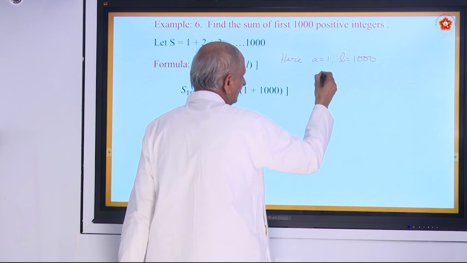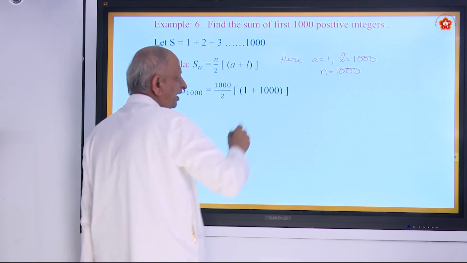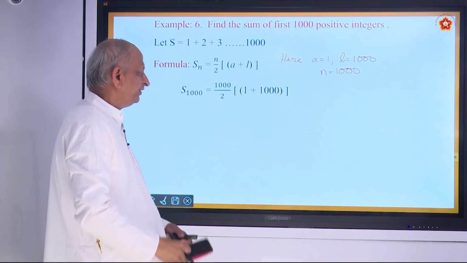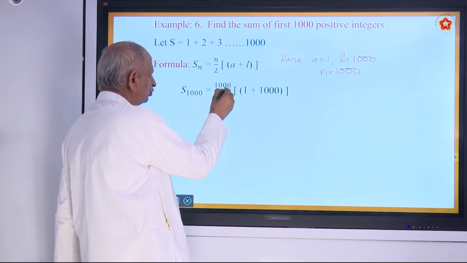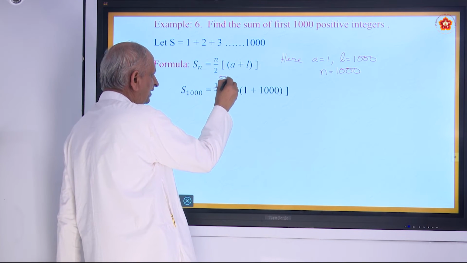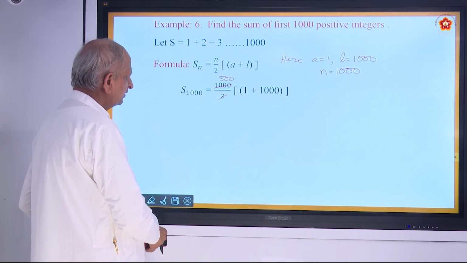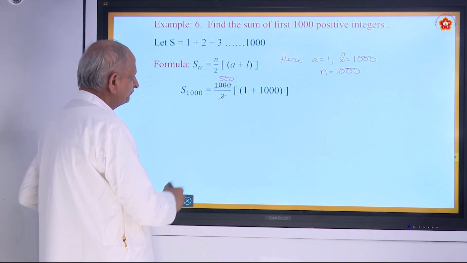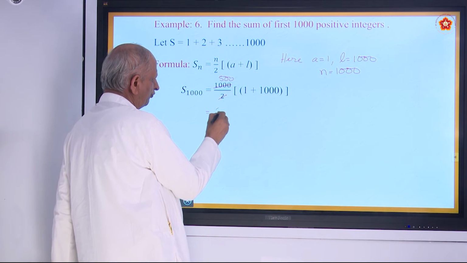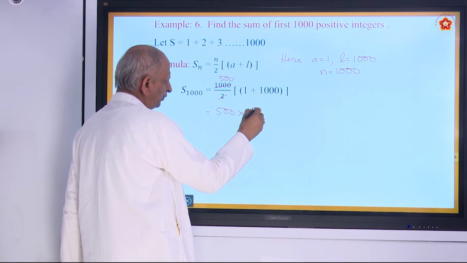Then N is also equal to 1000, because they have given that 1000 positive integers. So if you simplify, 2 1s are 2, 500s are into 1 plus 1000, that will be equal to 500 into 1001.